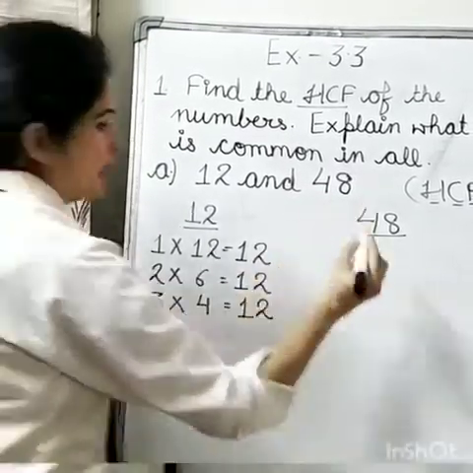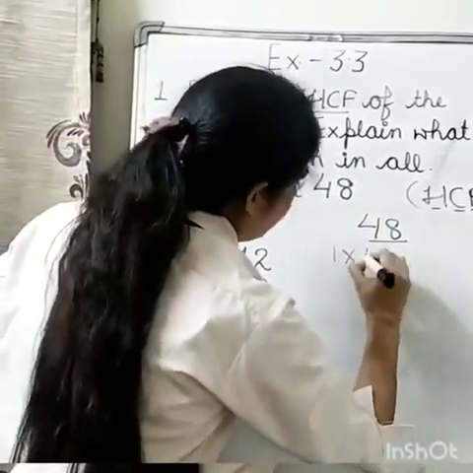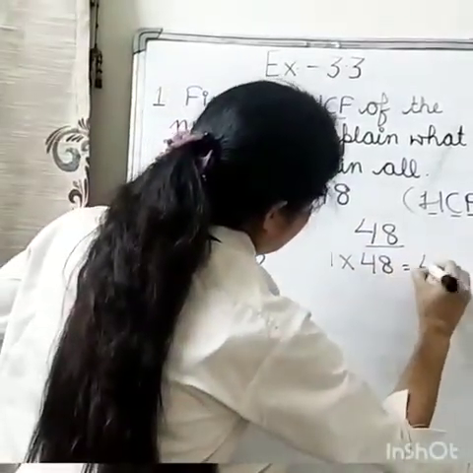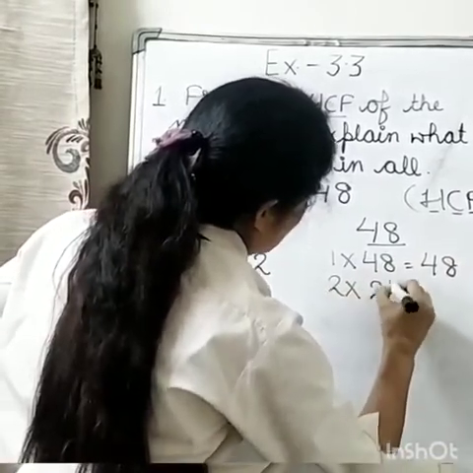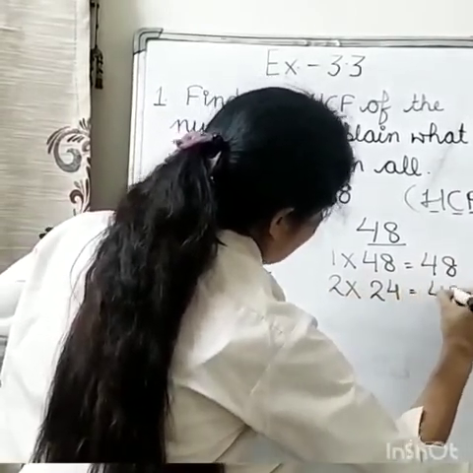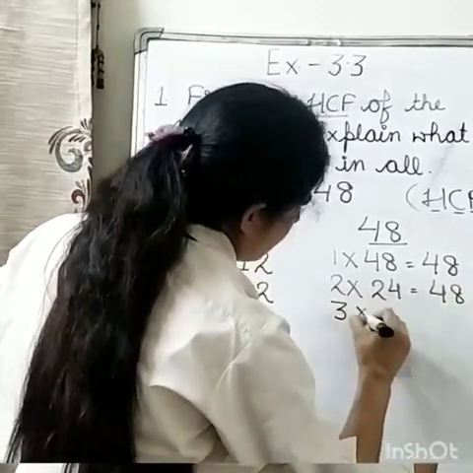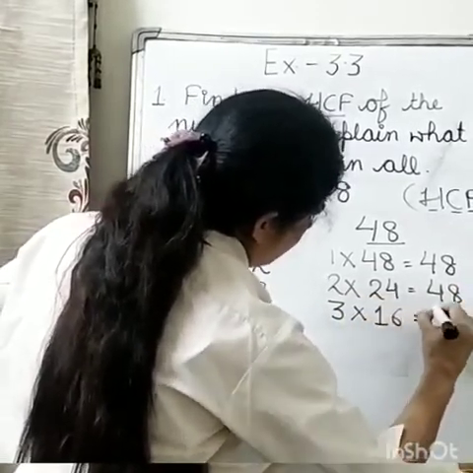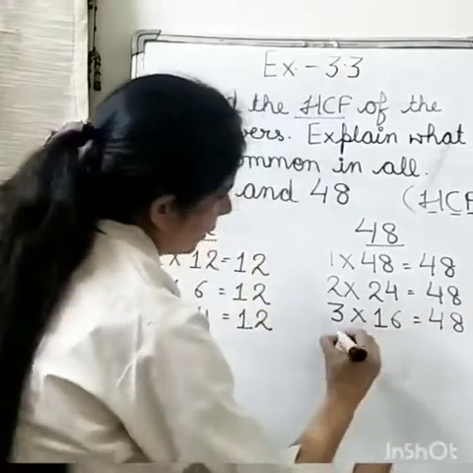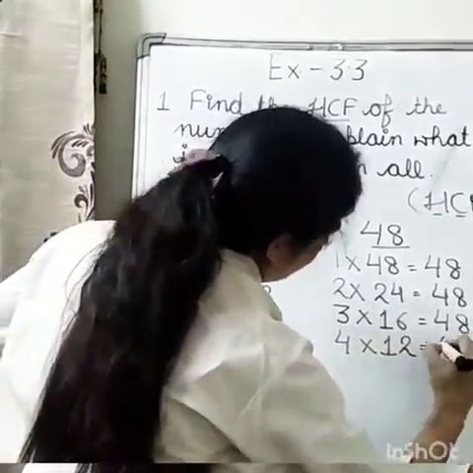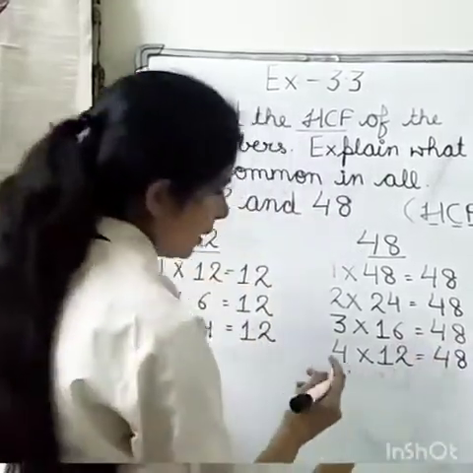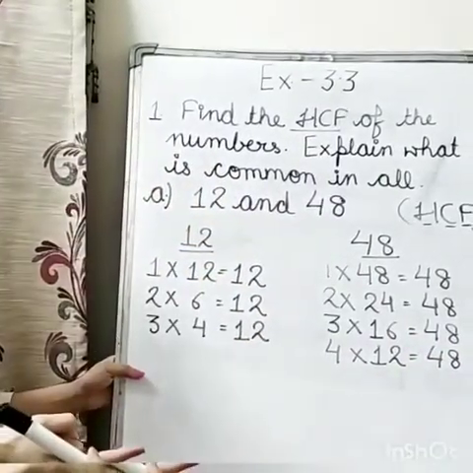Now 48. 1 48s are 48. 2 24s are 48. 3 16s are 48. 4 12s are 48. 5 is not a factor of 48.